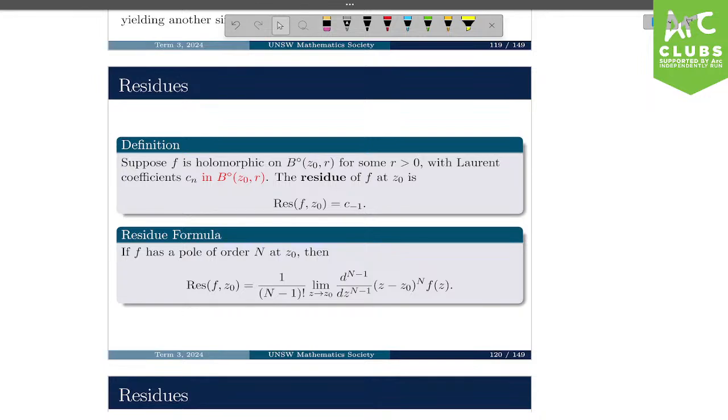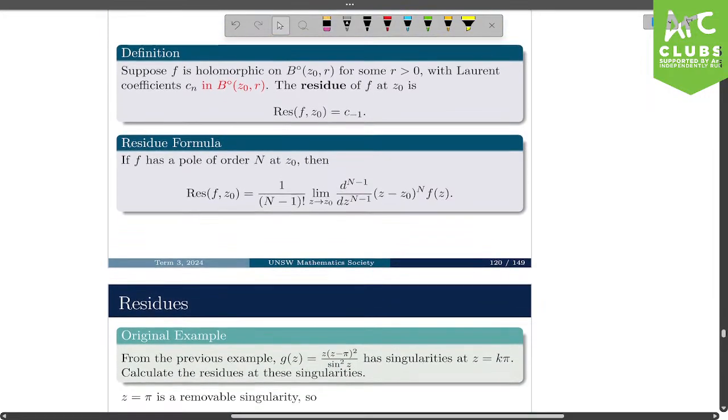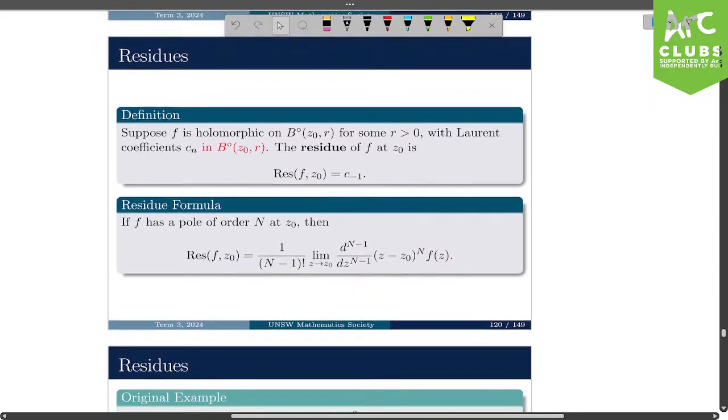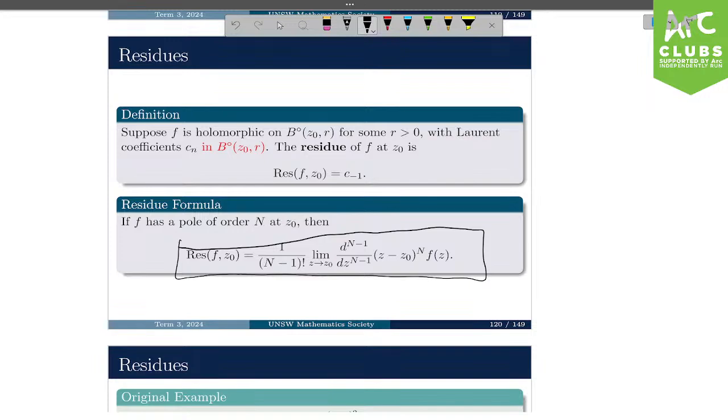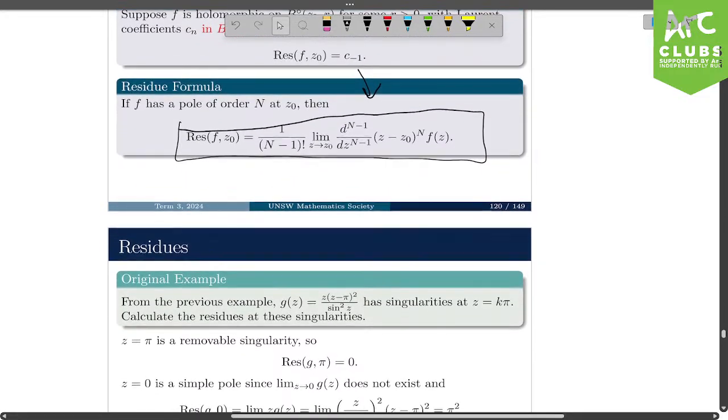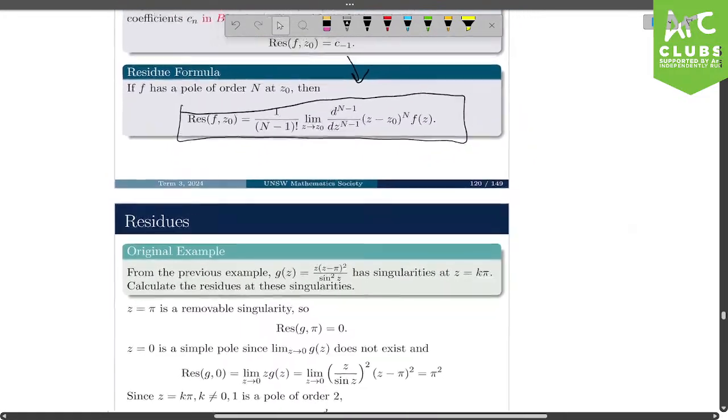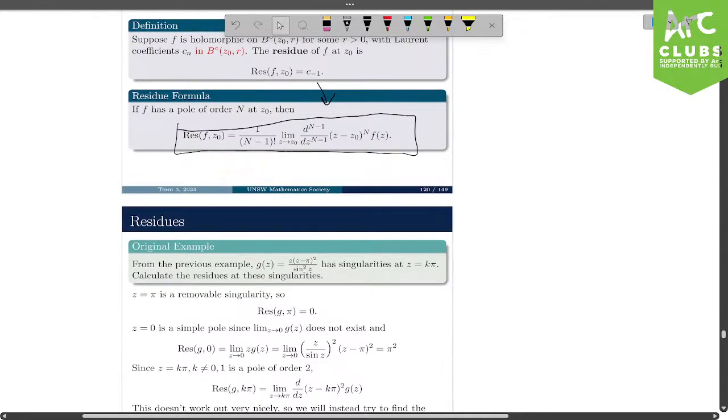Actually, I suppose a residue can exist for a non-singularity point, but we only really use residues at singularity points. We can calculate residues using this formula. It can be derived just from this, but we want to be careful in how we use it. Nevertheless, let's get cracking.